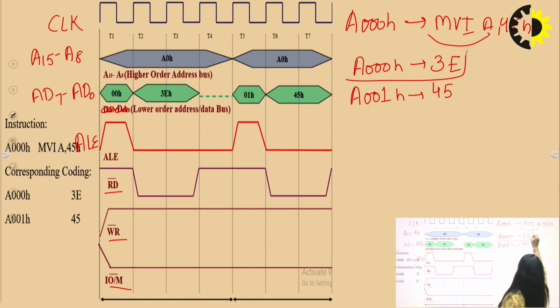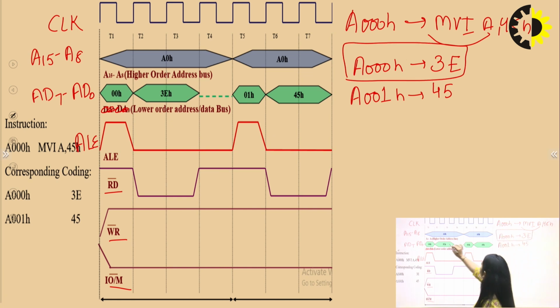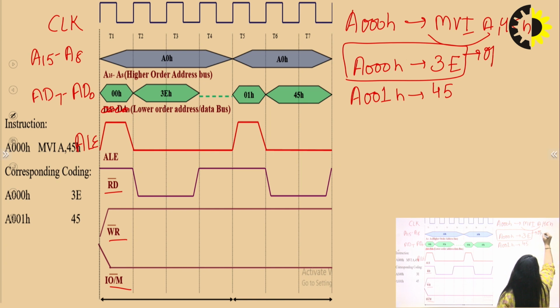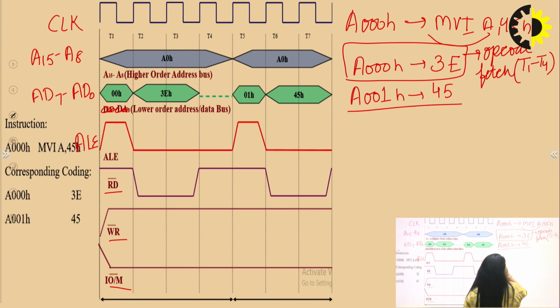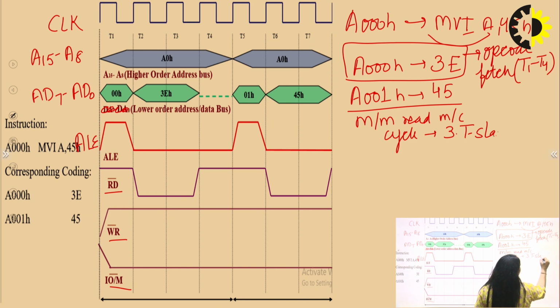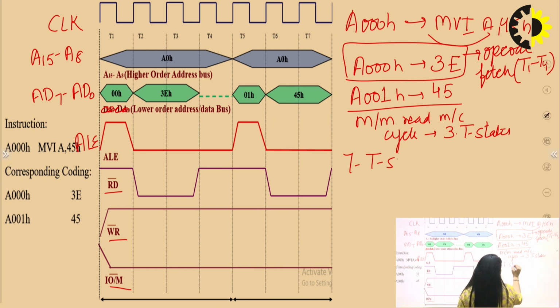This address and this opcode will be handled by the opcode fetch machine cycle. It will need T1 to T4, and for A001, this is our memory read machine cycle, and the memory read machine cycle needs 3 T states. So the total number of T states will be 7, T1 to T7.